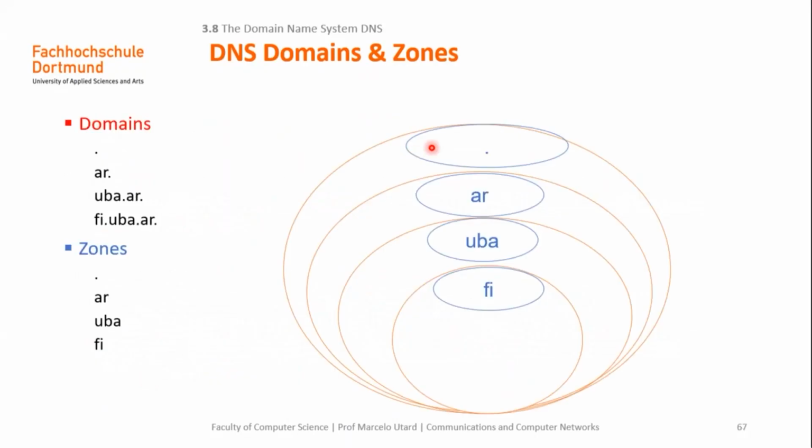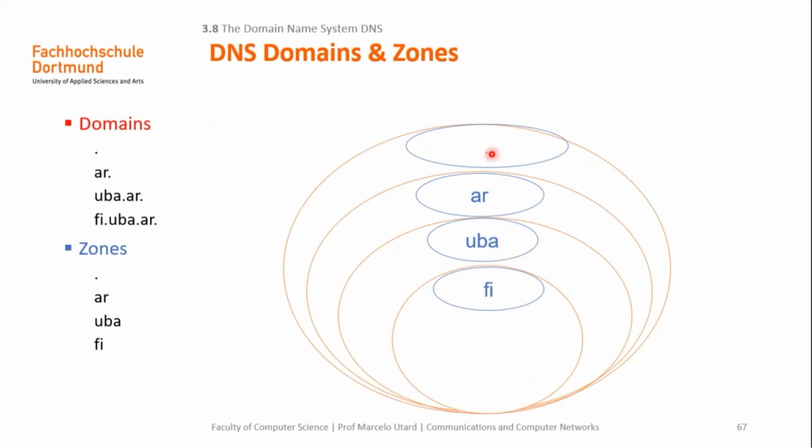In this illustration, we could see, for instance, this is typically the fully qualified domain name of the Facultad de Ingeniería, the Faculty of Engineering of the University of Buenos Aires in Argentina. Then, in fact, there are four levels. The root level, the top level domain, a subdomain, and a subdomain under that subdomain.